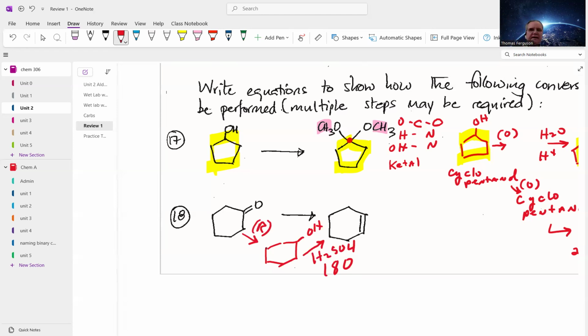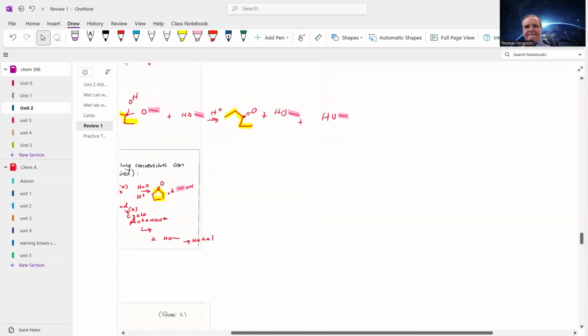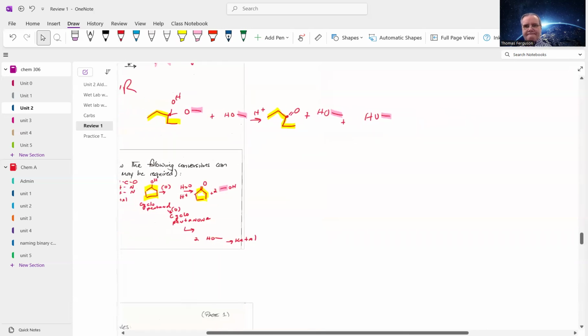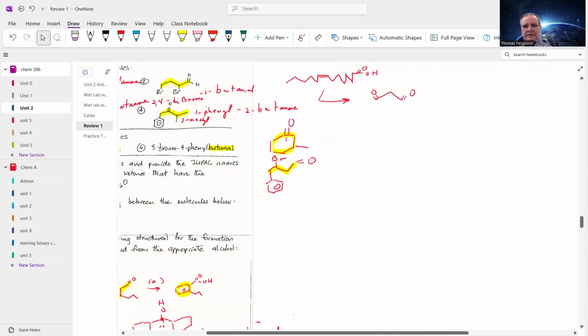Okay, so let's look at the flow chart. Where is the flow chart?